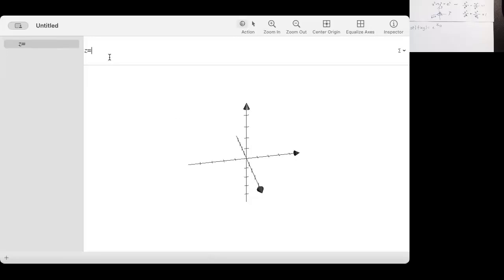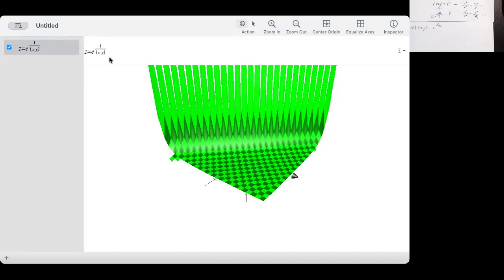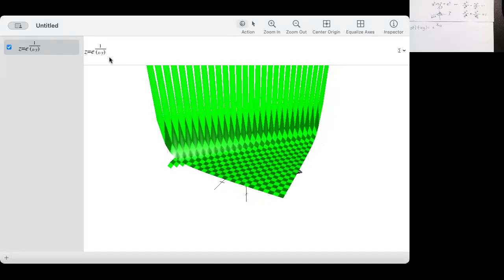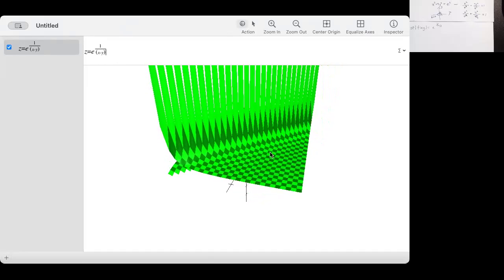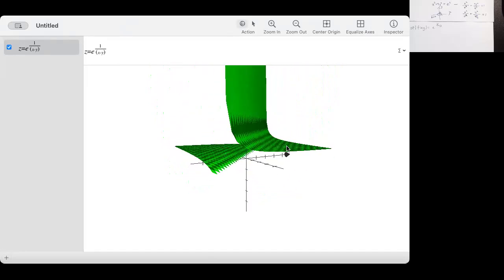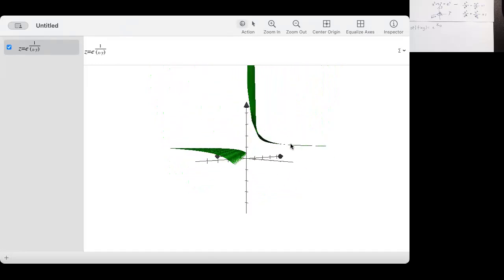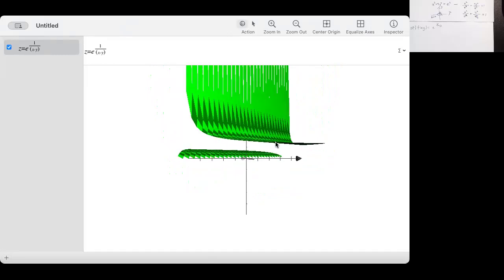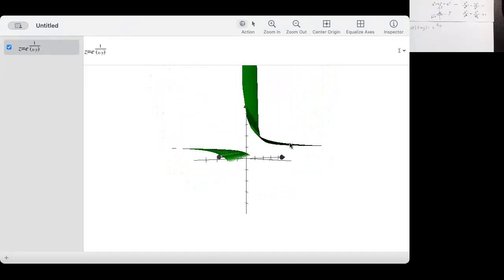I'm going to create the equation e to the 1 over the quantity x minus y. That's disgusting. But when I look at this, there's my discontinuity right there. It's fine over here. It's fine over here. There's something weird going on right there.